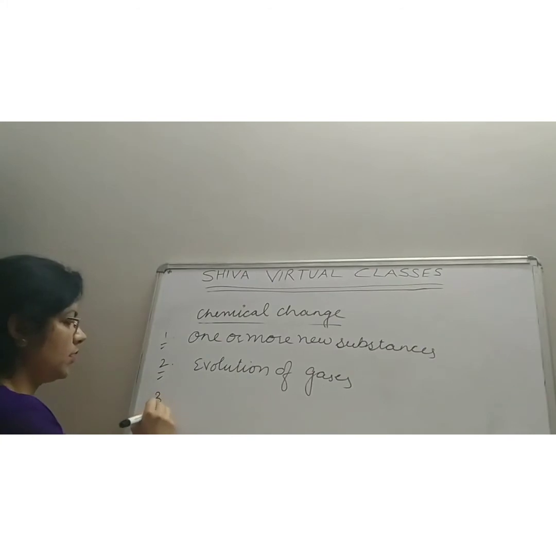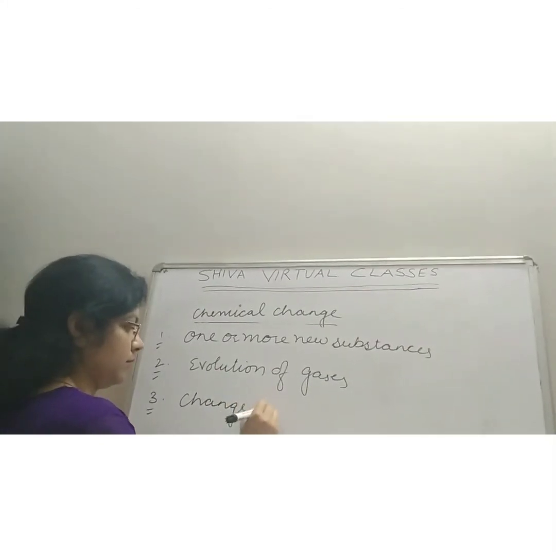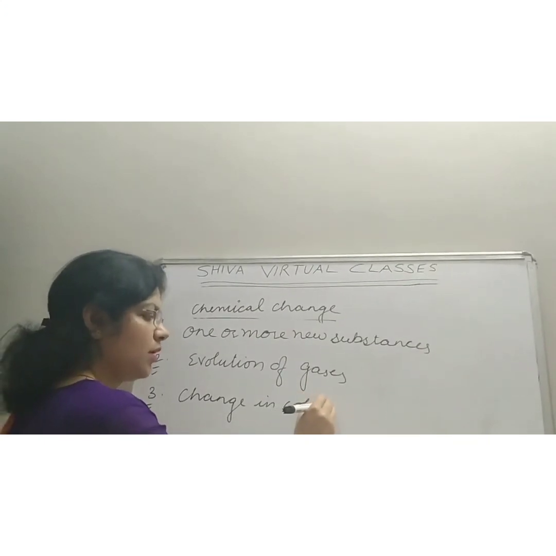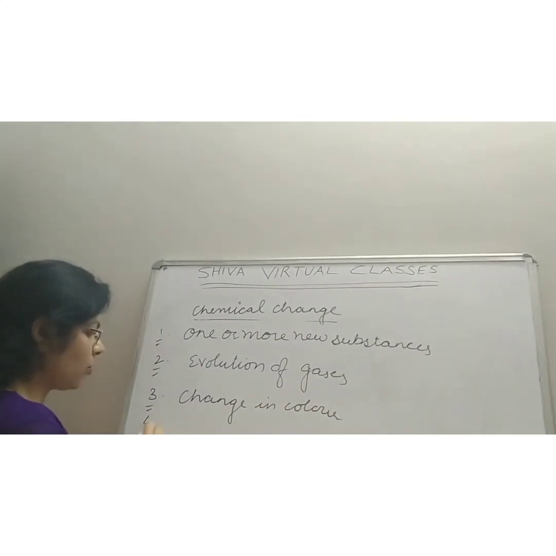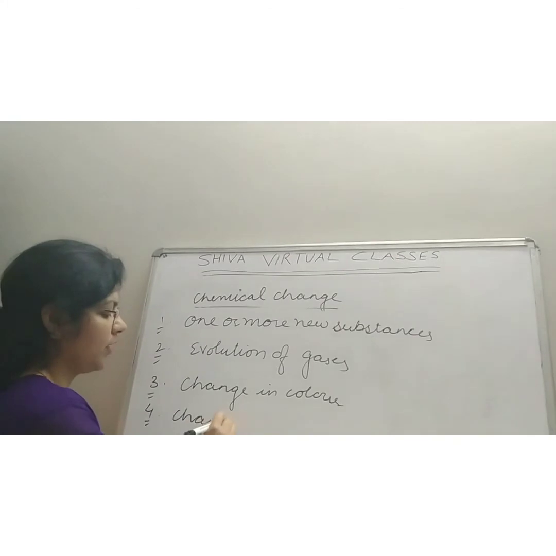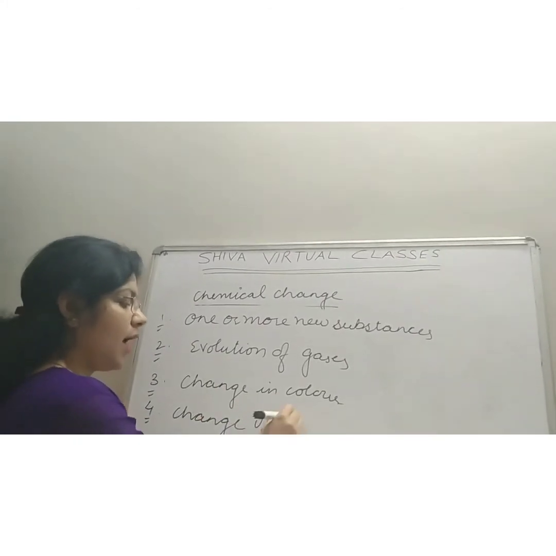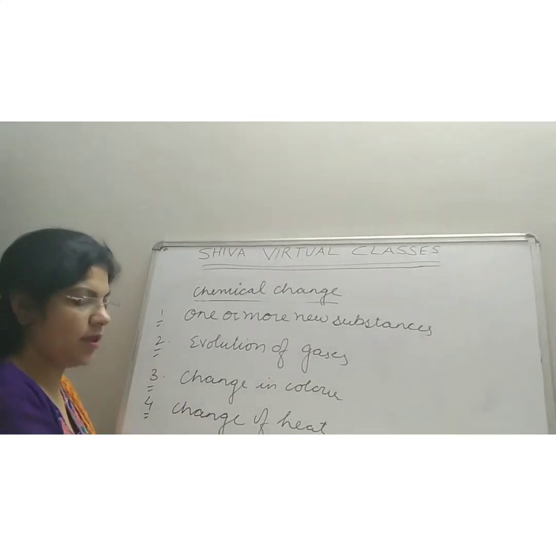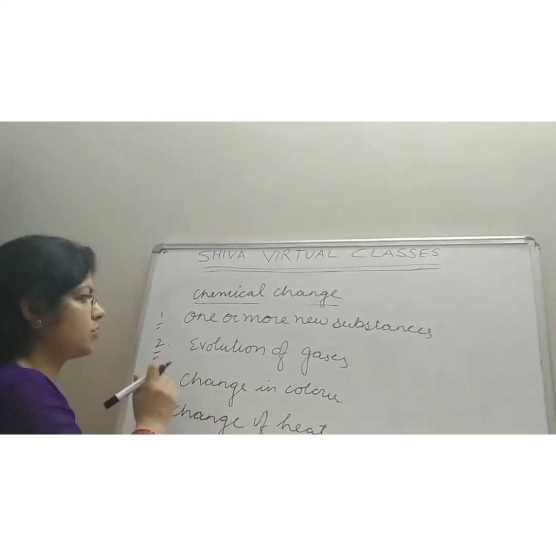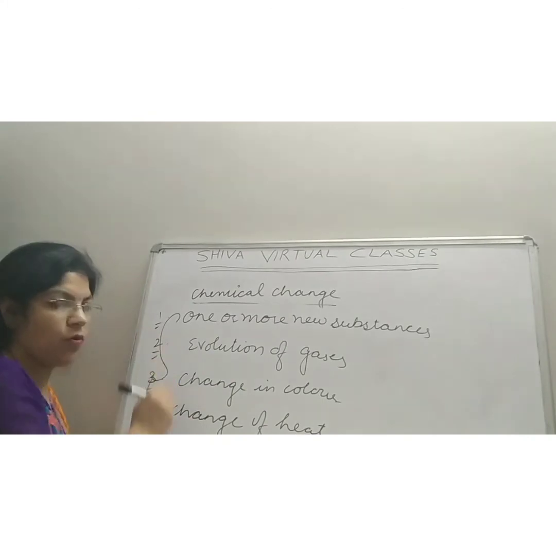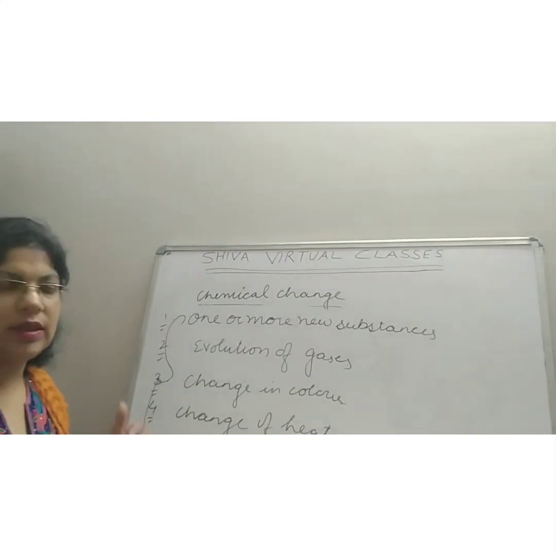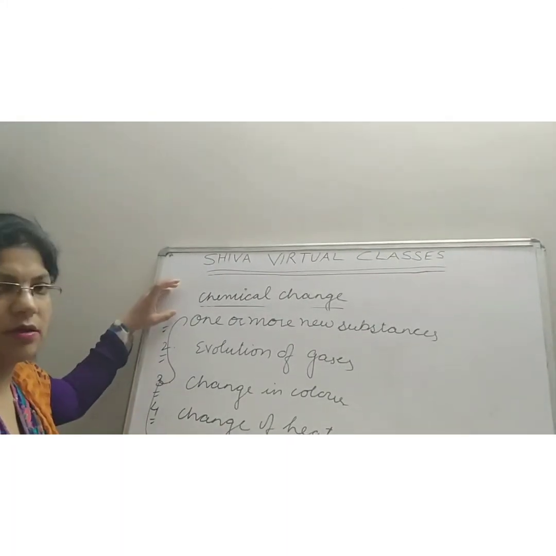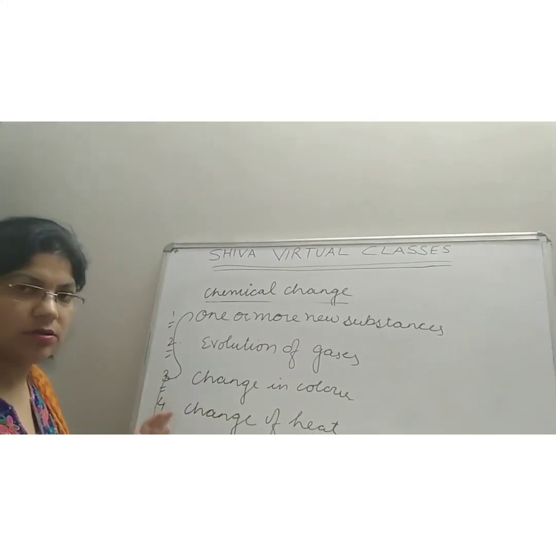Next one is change in color. Along with change in color, change of heat also takes place. Change of heat means either heat is absorbed or heat is released during the chemical reaction. By checking these four properties, you can easily check whether the substance undergoes chemical change or physical change.